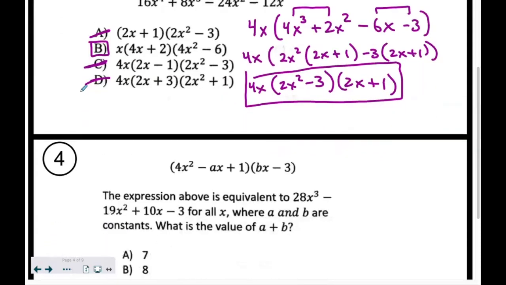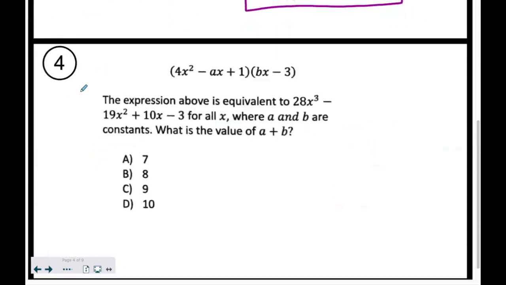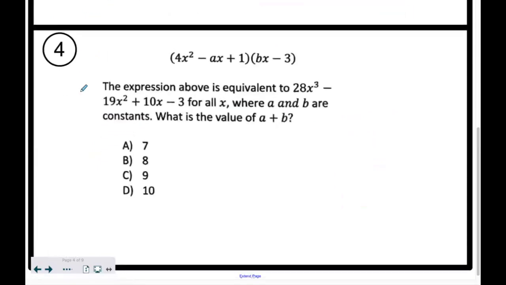Okay, so let's take a look at number 4. Here is a problem that I do not want to multiply out. If we were going to, there would be six terms.